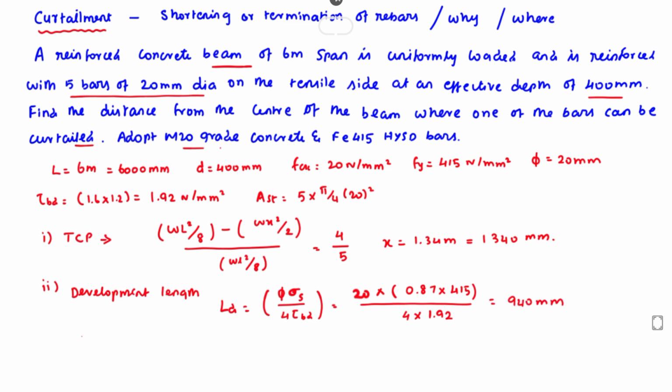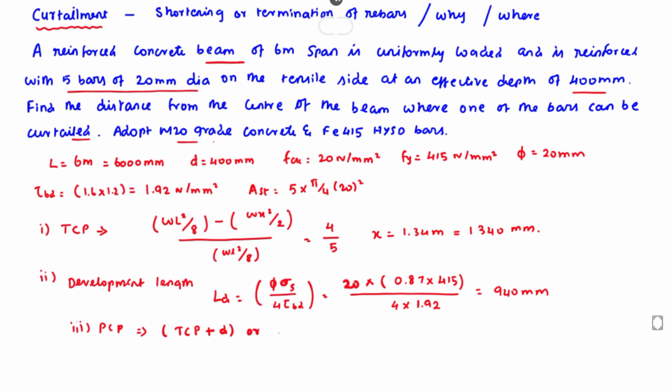Now we can find the physical cutoff point, which is equal to TCP plus d, or 12 phi. Substituting the TCP value, TCP is 1340 plus d is 400, or 12 into 20.